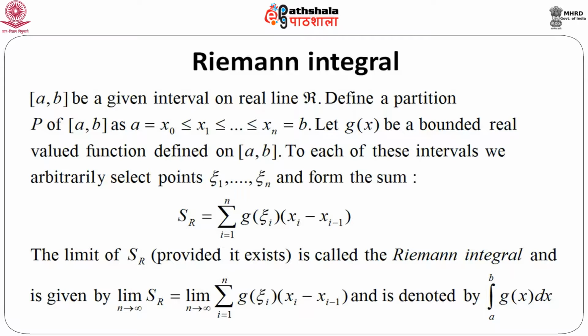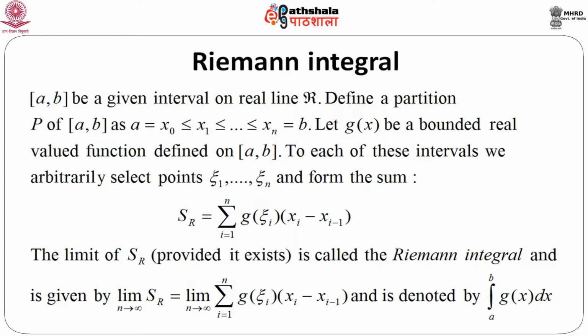If the limit of S R exists, it is called the Riemann integral. That means the limit of S R as n goes to infinity, which is the limit as n goes to infinity of the sum of g of xi i times x i minus x i minus 1, and we denote this by the integral from a to b of g x dx.